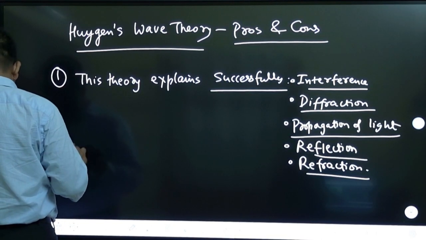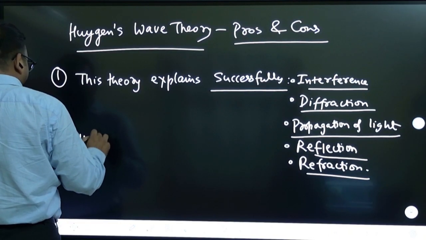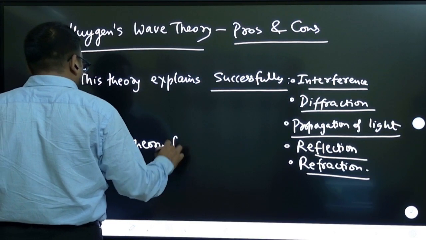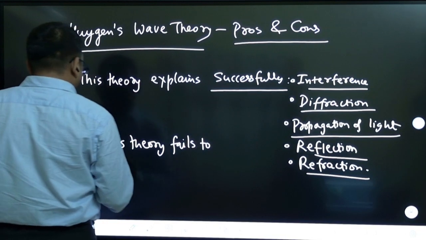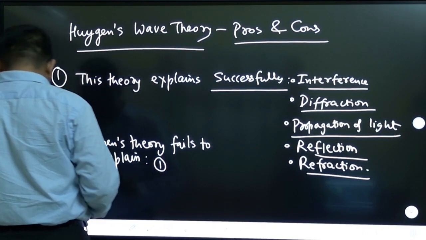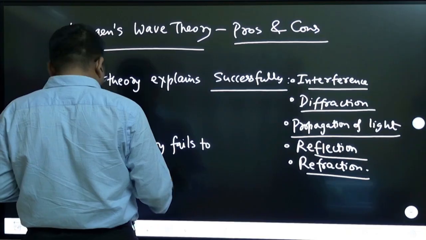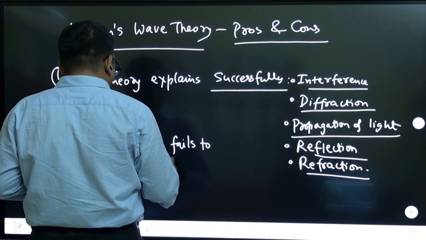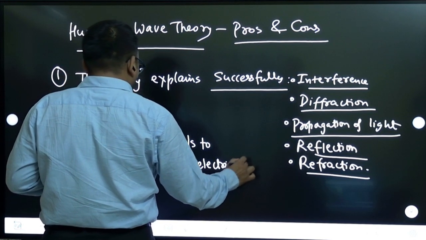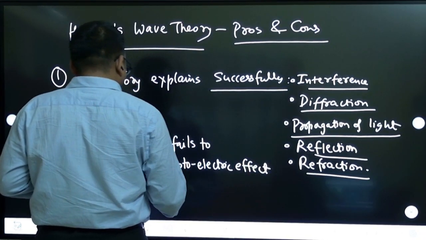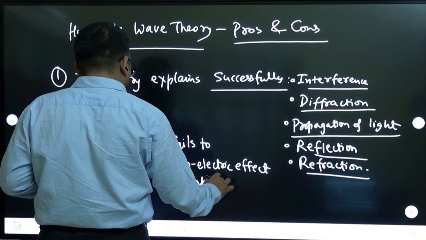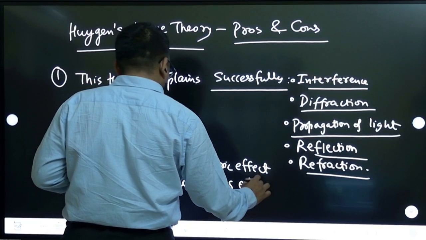What is the cons? Okay, Huygens theory fails to explain first thing, photoelectric effect. Then second thing, Compton's effect.